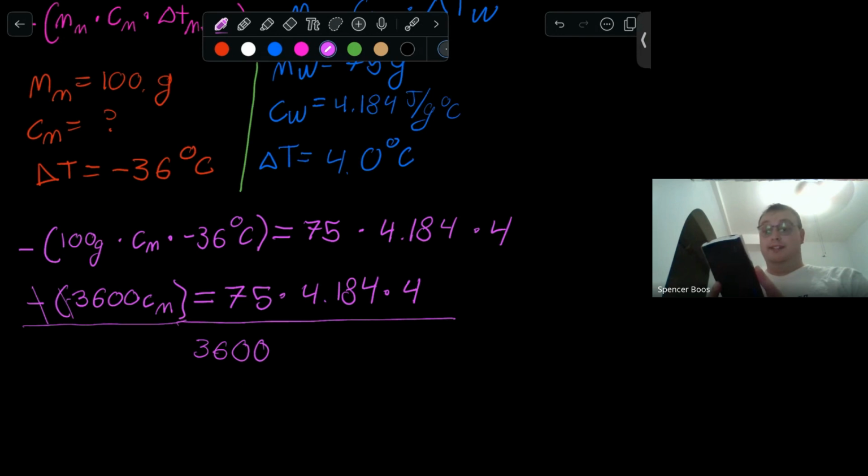So we pull out our handy-dandy calculator. We've got the fraction of 75 times 4.184 times 4 divided by 3600.